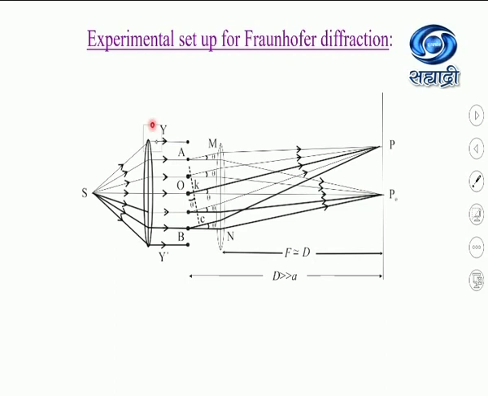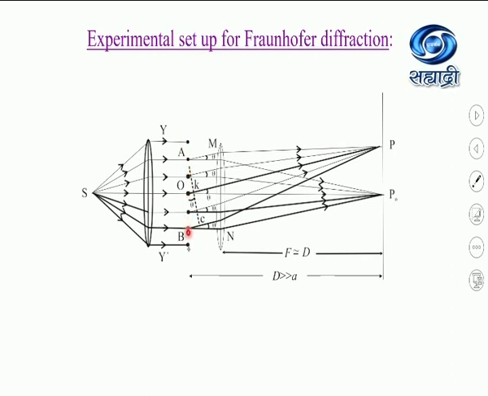As soon as the plane wavefront Y dash is incident on the slit AB, the slit is imagined to be divided into a number of thin slits.